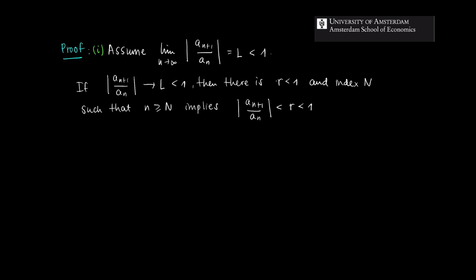So the ratios of the values stay away from 1. That's the basic idea.